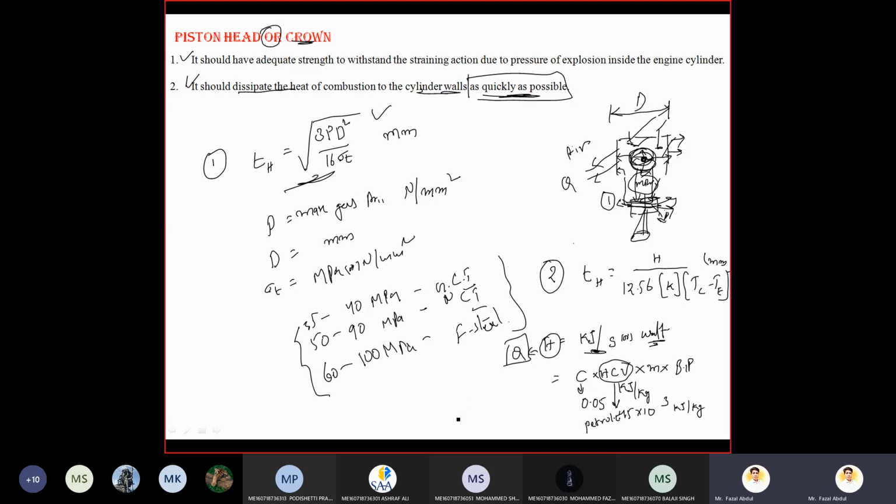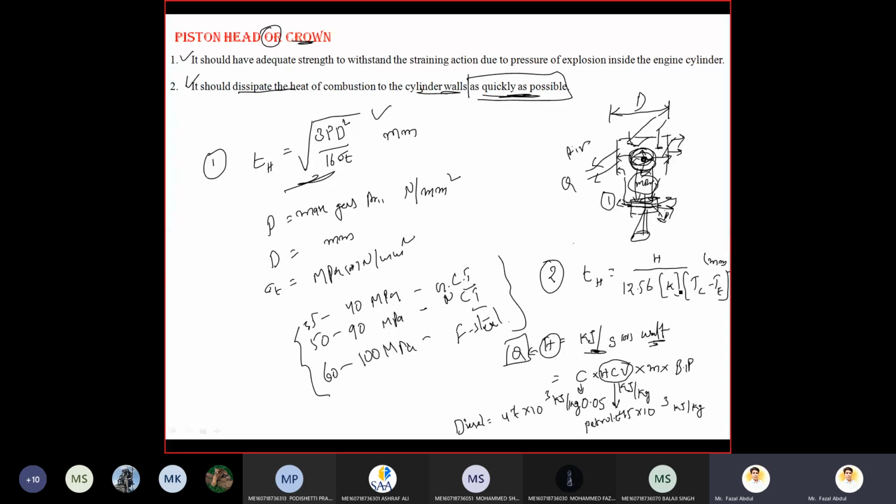If the problem is given related to the diesel engine, the higher calorific value is 47 into 10 to the power of 3 kilojoule per kg. And m is the mass of fuel used in kg per brake power per second, and BP is nothing but the brake power of the engine cylinder. In this manner, the h value is going to be calculated here.